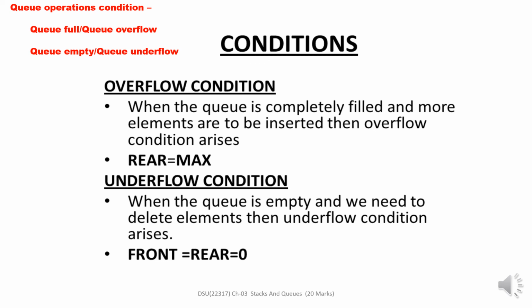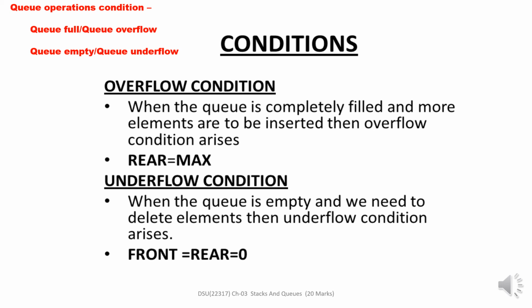Now these are the queue operation conditions. Queue full means queue overflow, and queue empty means queue underflow. These are the conditions for the queue. The overflow condition arises when the queue is completely filled and more elements are to be inserted. Rear is equal to max means the overflow condition arises, meaning the queue is full, so we can't insert a new element in that queue, and this condition is checked while inserting a new element.